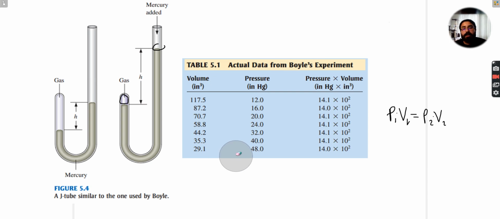Now, this idea that Robert Boyle proposed, the relationship between pressure and volume, inspired other scientists. Avogadro came up with the idea that if this relationship exists for different types of gases, right?